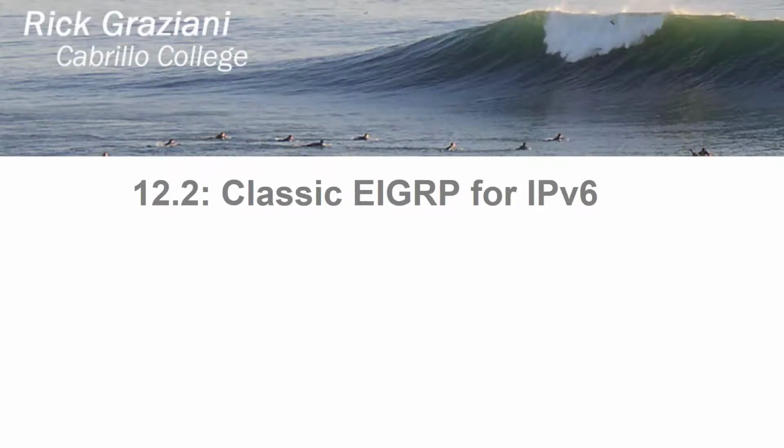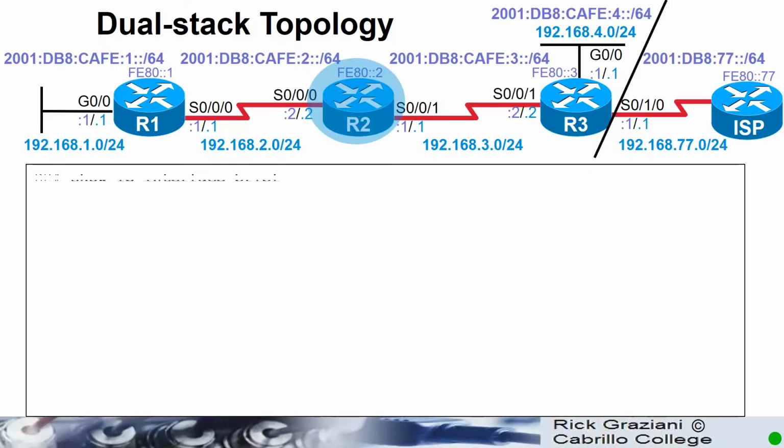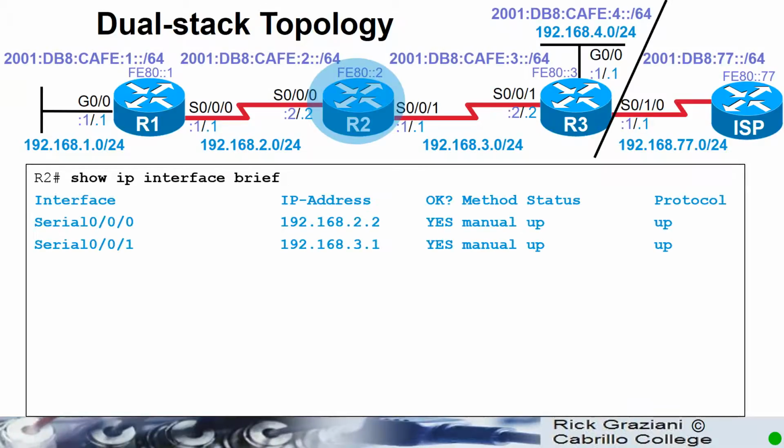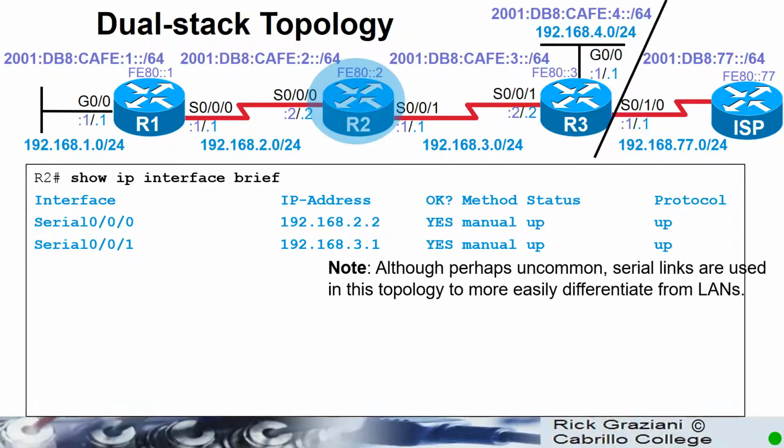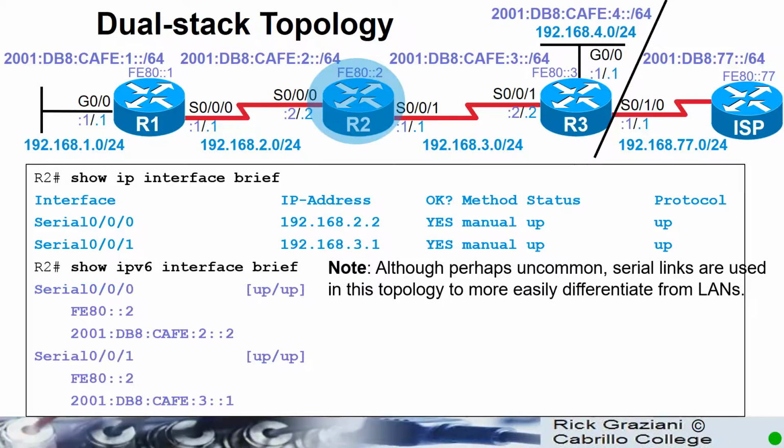So let's look at the classic EIGRP for IPv6. If we do a show ip interface brief, you'll be able to see serial links are used in this topology so that we can differentiate between the LANs and WANs. If we do a show ipv6 interface brief, you're going to see the serial interfaces, both their link-local and their global unicast address.